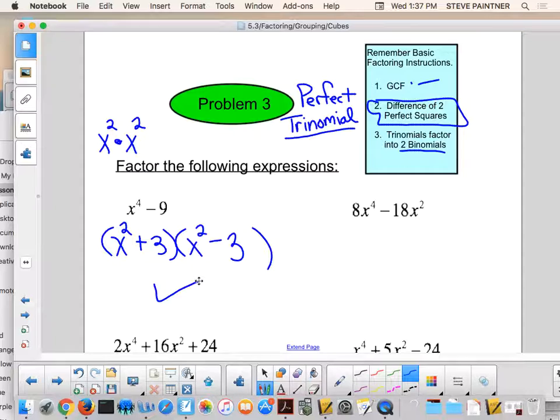Yes, sir. A lot of students try to do it. They go like this. Pretend it said x squared plus 4. Some students say, oh, yeah, x plus 2 times x plus 2 is x squared plus 4. And if you FOIL it out, it's not. Because what's this? 2x.